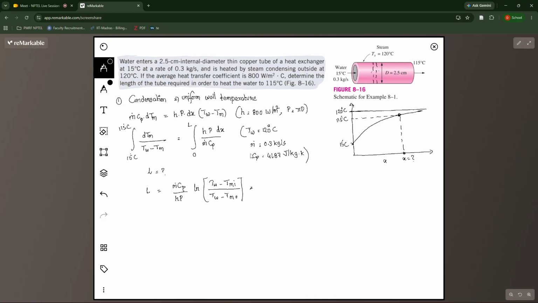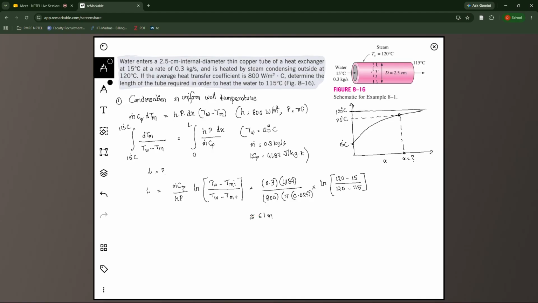If you substitute the values, m dot is 0.3, heat transfer coefficient is 800, perimeter is pi times diameter, which you have to convert into meters, times ln of the wall temperature 120 Celsius minus the inlet temperature 15 Celsius, by 120 minus the outlet temperature, which is supposed to be 115 Celsius. If you solve this, I'm getting approximately 61 meters.